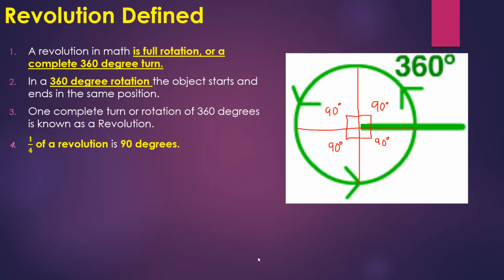Malik Rule, where's Malik Rule? Malik, are you there? Yes, sir, I'm here. Okay, so what is 1/4 of a revolution? 90 degrees. 90 degrees, very good.